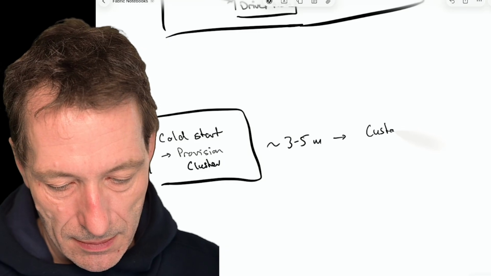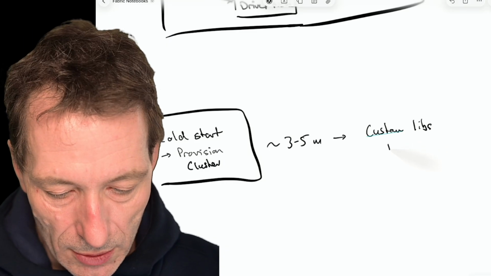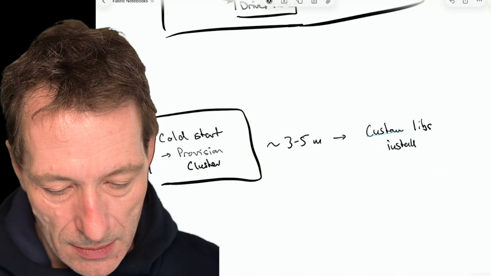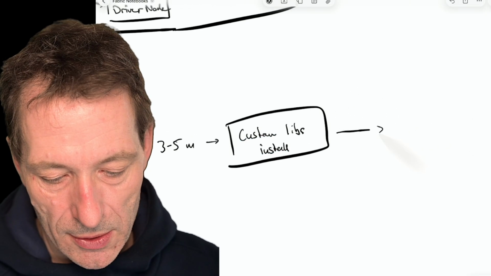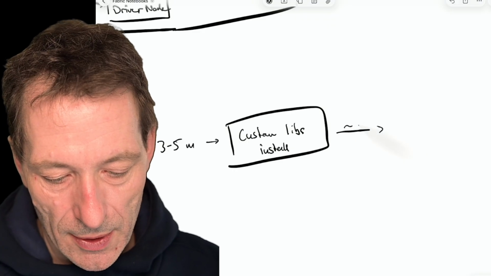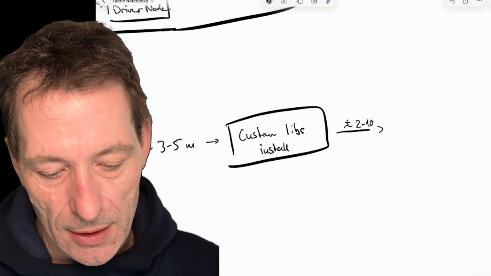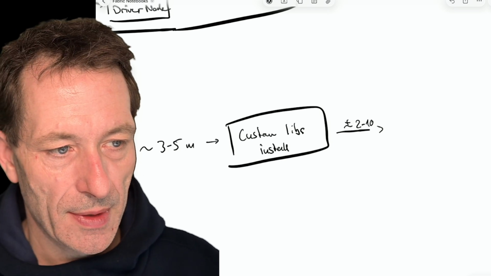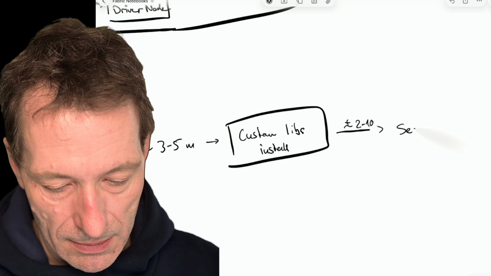Custom libraries need to be installed. This also takes, again, some time, depending on the number of libraries, something between 2 to 10 minutes in addition. So this is plus. And after that, your session is ready.